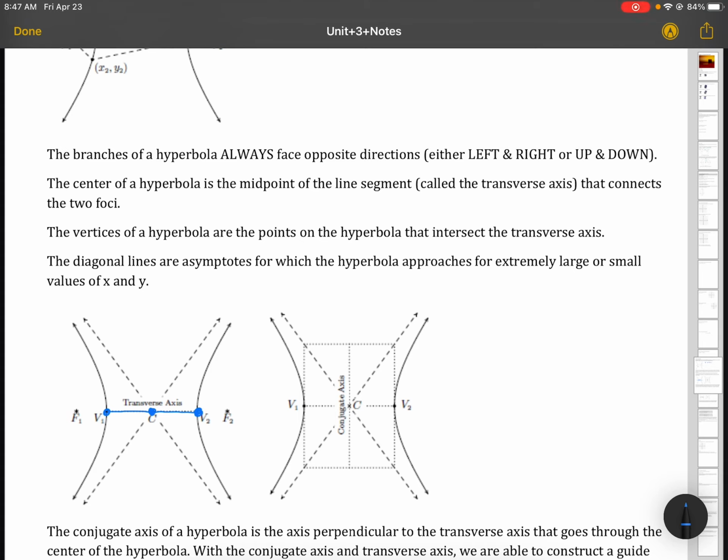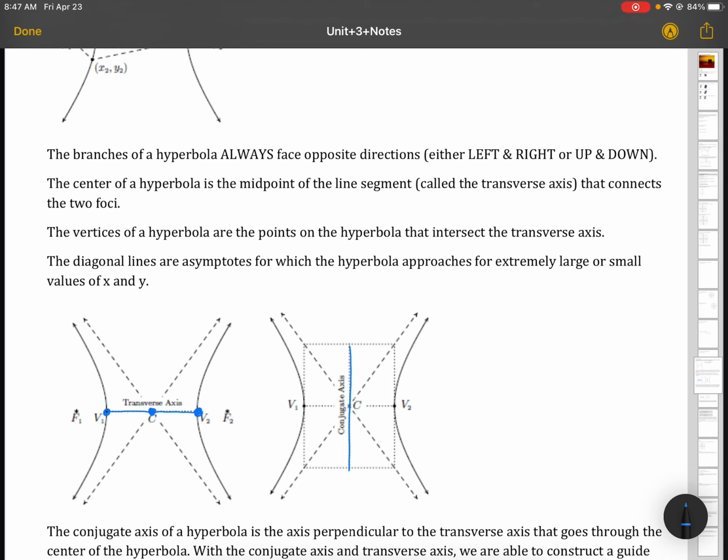Perpendicular to the transverse axis, we have this other axis called the conjugate axis. And it's going to have an equation of x equals or y equals, depending on which way the hyperbola opens. The diagonals of a hyperbola are used to help draw the parabola. I mean, not parabola, I'm sorry.